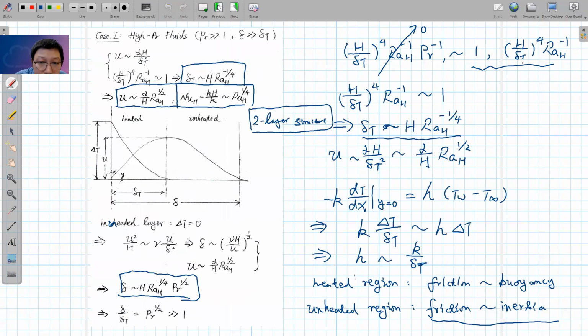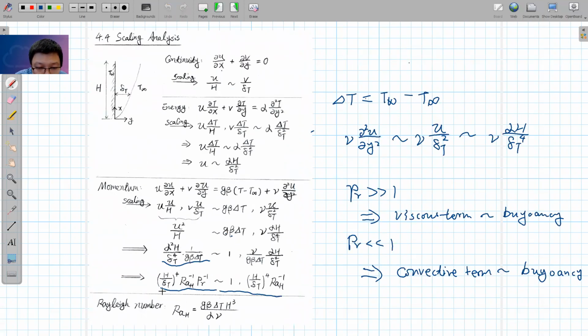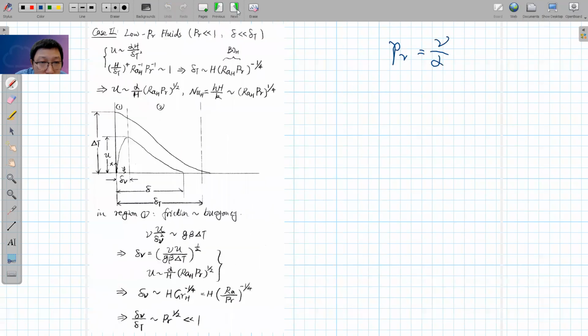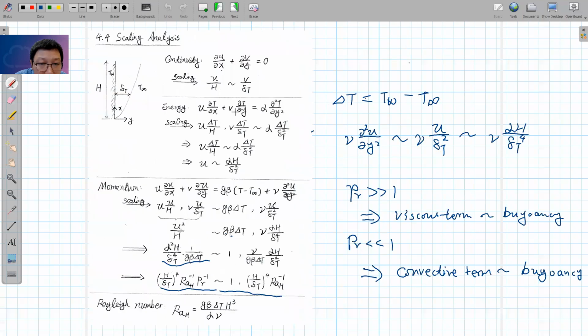In this case, let's do the scaling analysis. Going back to this result here, because the Prandtl number is much smaller than 1, this term has to be of order 1 and this term can be neglected. So the convective term has to be of order 1, and this u result is from the energy equation.